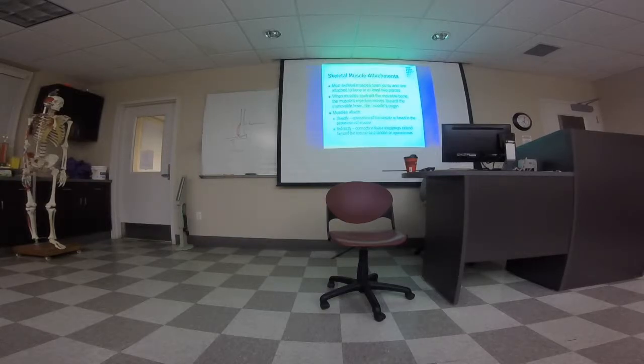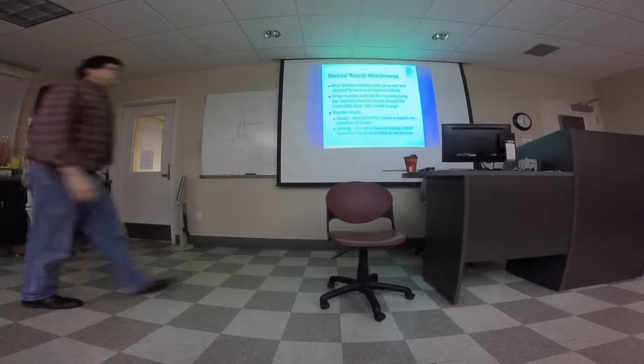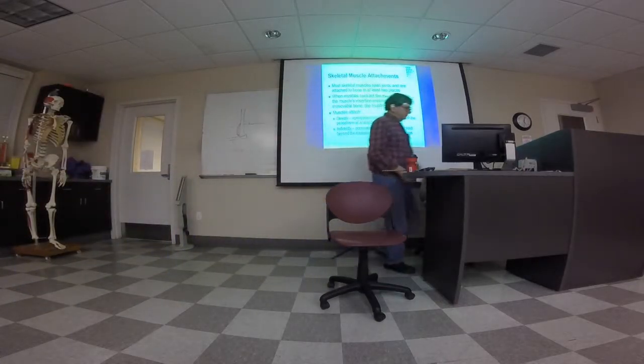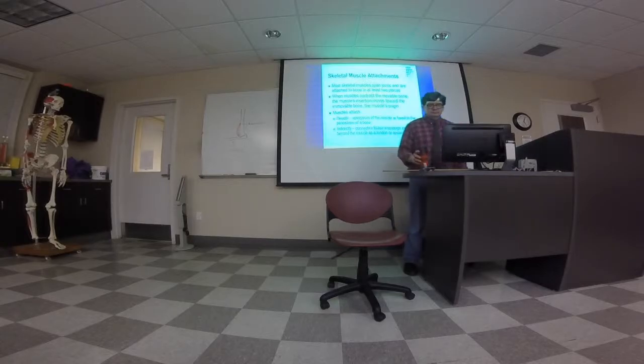That's an example of direct attachment. Are there any big muscles that attach directly? You know, I can't think of any immediately. Some of the big muscles use an aponeurosis, but that's still an indirect attachment. So the intercostals.